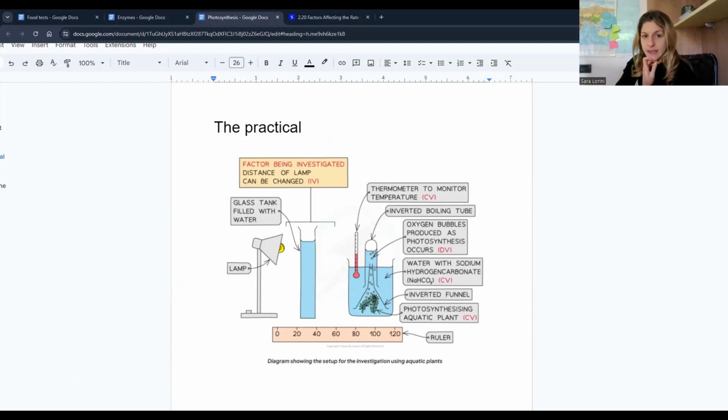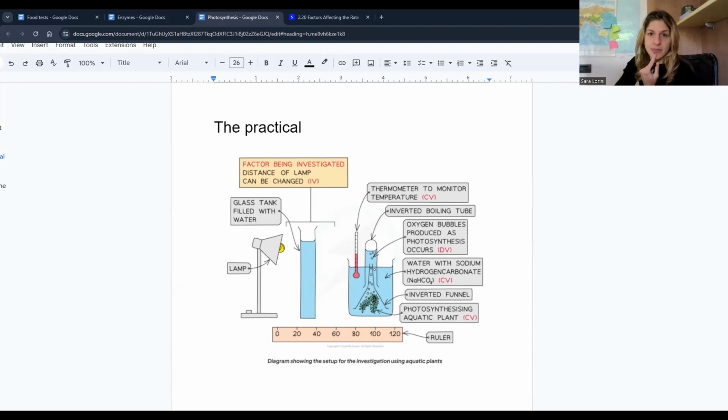So in this case, notice that to measure, because at the end, it's about measuring the amount of gas that is released. How do you do that? Either you have a gas syringe, but it's really difficult to control because it takes in a gas, it removes another gas. Tricky.